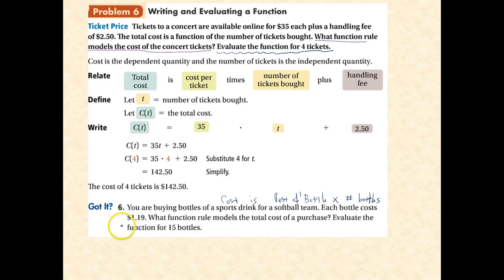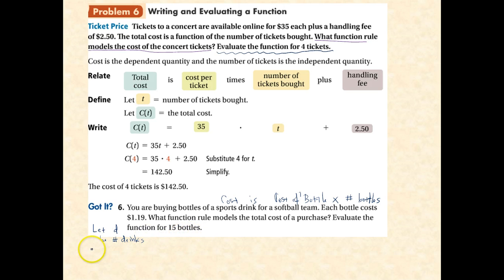So let's say I'll let D be the number of drinks. I picked D instead of B because sometimes my B looks like a 6. So I'm just going to pick D for drinks because that doesn't look like a 6.